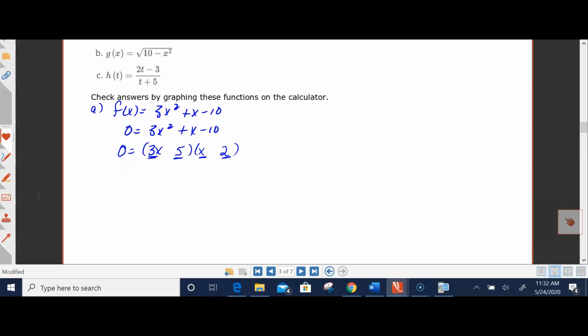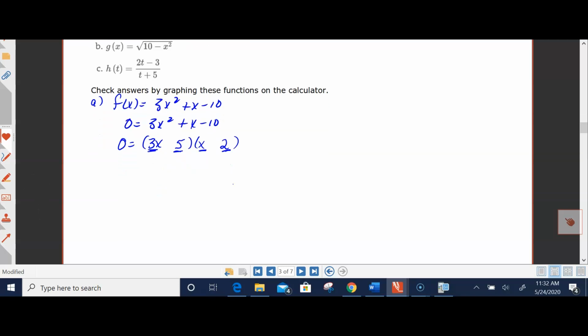The reason I put the 5 first and the 2 second is because my mind was thinking, okay, this is a backwards FOIL method. So, when you FOIL something out, you multiply the first two, 3x squared, the outside, 3x times 2 would be a 6x, the insides, a 5x, and the last, 5 times 2 is 10.